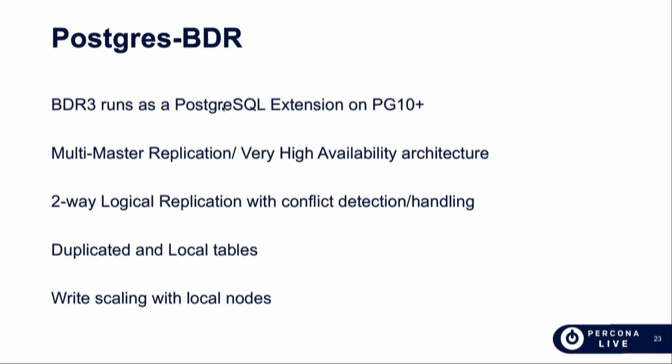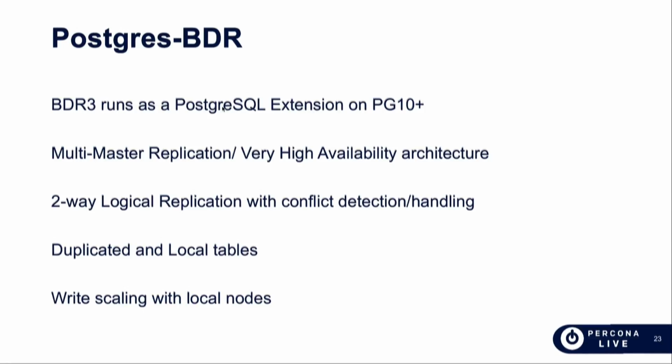BDR3 runs as an extension on top of Postgres, so it's not a fork of Postgres, it's simply a tool that you plug into Postgres to make all of this magic happen. We use it for a combination of use cases: multi-master replication, as well as very high availability architectures.